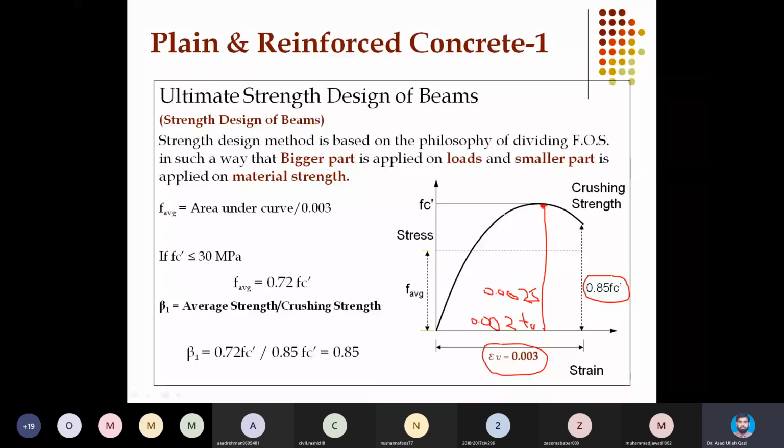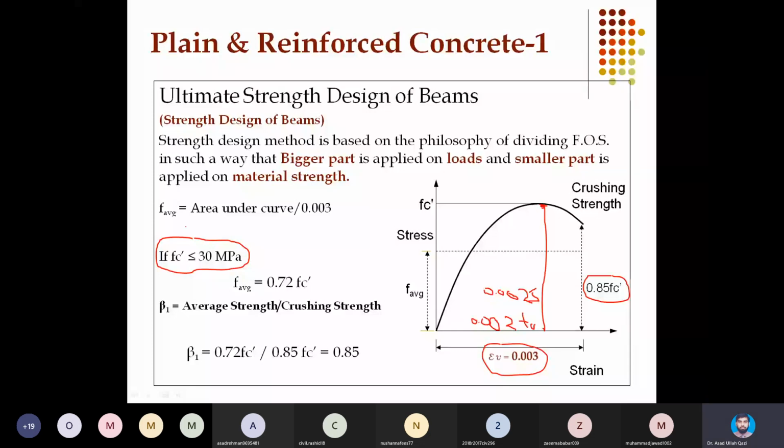For example, for this picture, this curve is valid for all concretes up to 30 megapascal, ranging from 17 up to 30 megapascal, because less than 17 or 17.5 megapascal is not permitted by ACI as structural grade concrete.